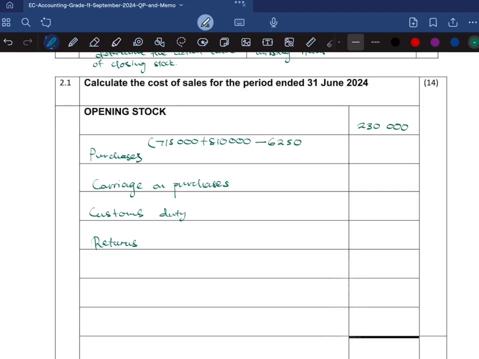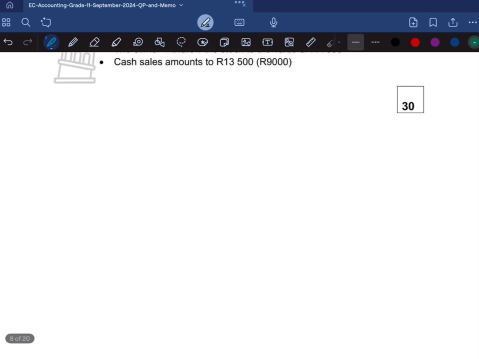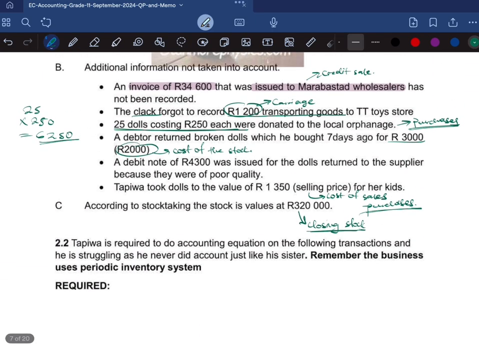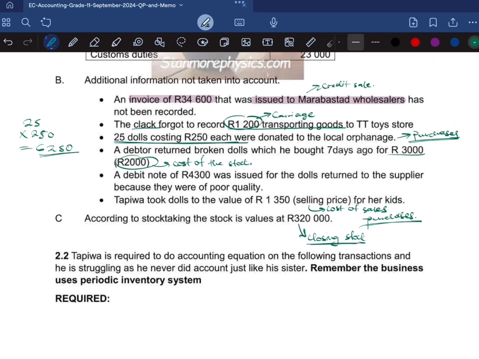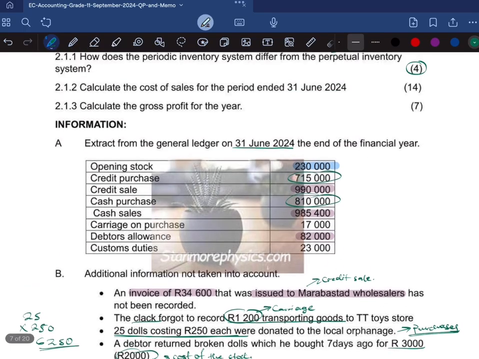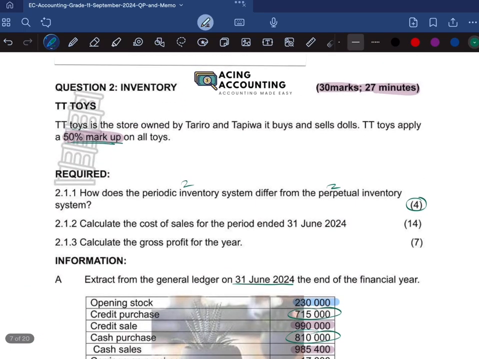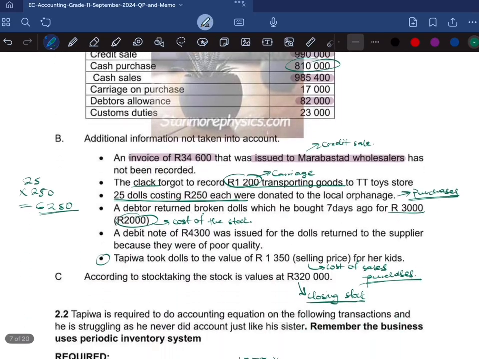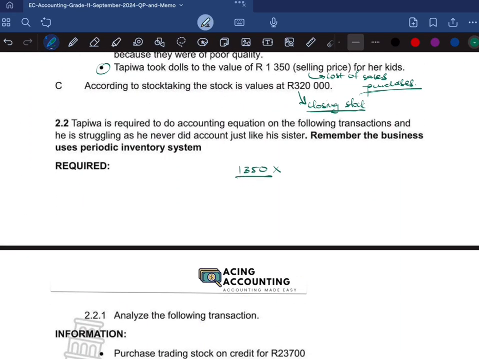And then the next thing that affects our purchases is the drawings done by one of the owners, Tapiwa. That's the last bullet point, if you remember very well. So it is 1,350 multiplied by. When we go back to the first piece of information, markup was 50%. We know that this is the selling price, the selling value. So it's 1,350.